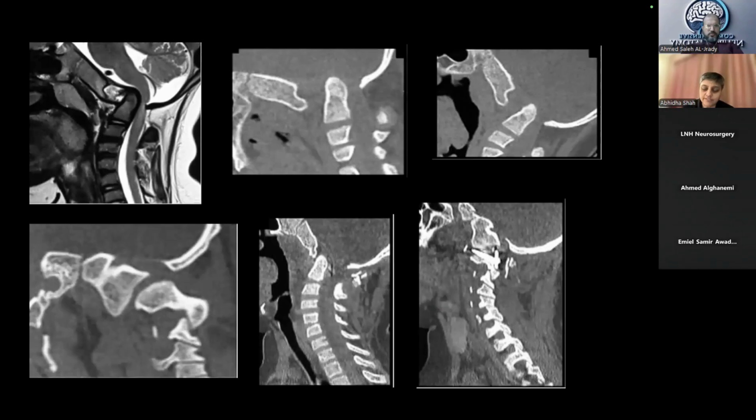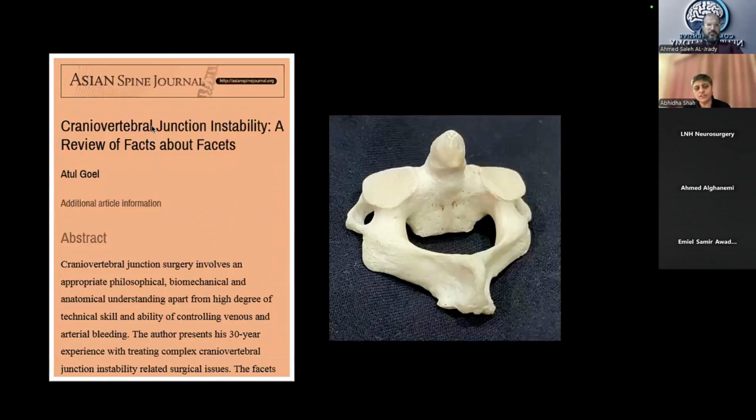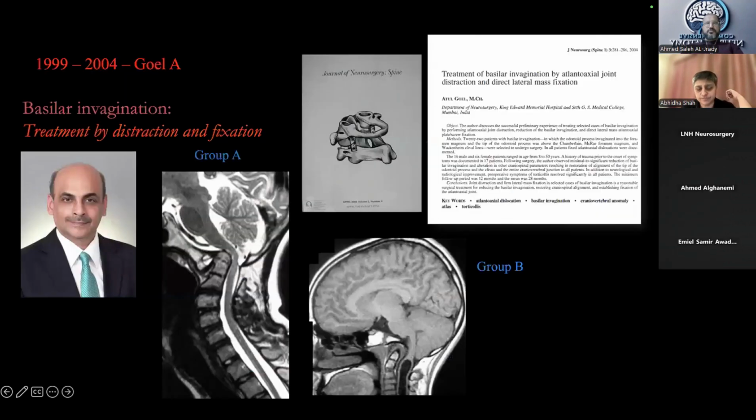It is completely reversible by manually manipulating the joints. So the whole treatment of craniovertebral junction anomalies revolves around the facets, and it is the facets that are most important in this region, and that will have a lot of role in the treatment of craniovertebral junction anomalies.